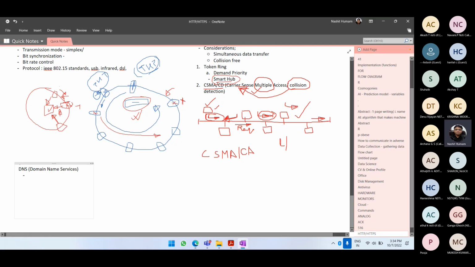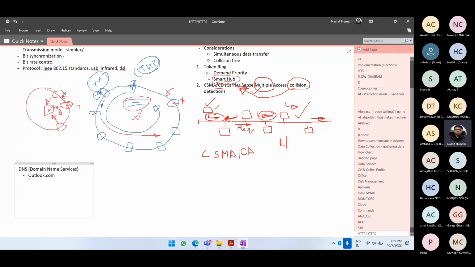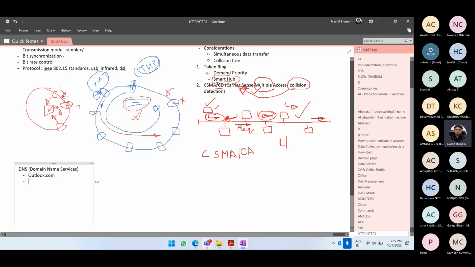That is my domain, outlook.com, or anything else, whatever. That is my complete domain. Now, this domain is in human readable form. That is what I understand. This is not a machine readable format. Machines cannot resolve this.